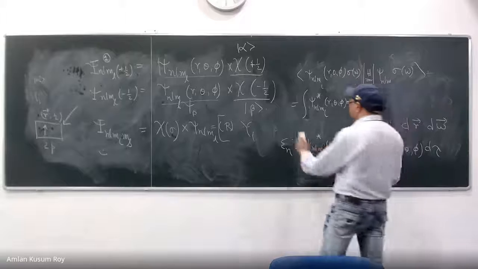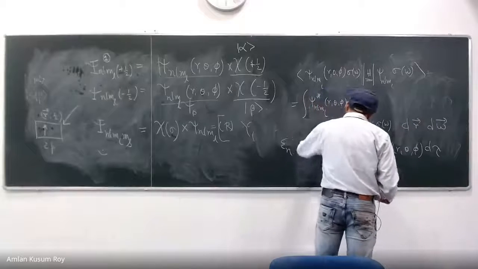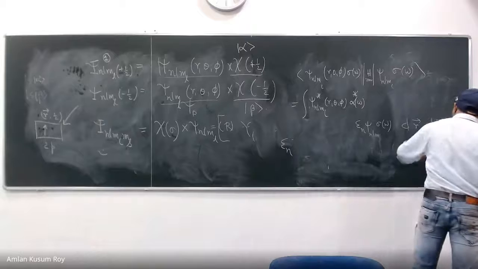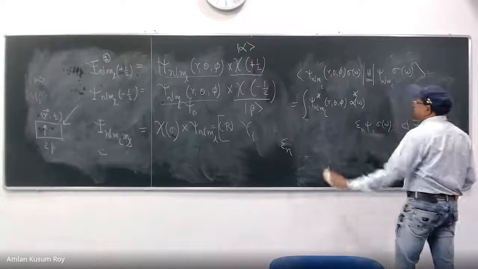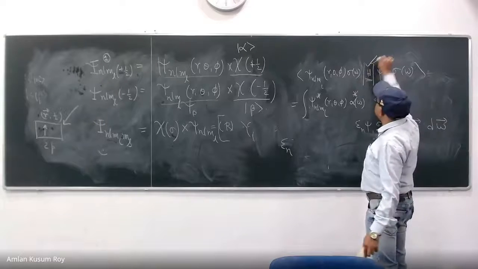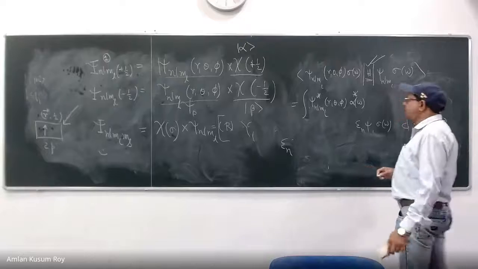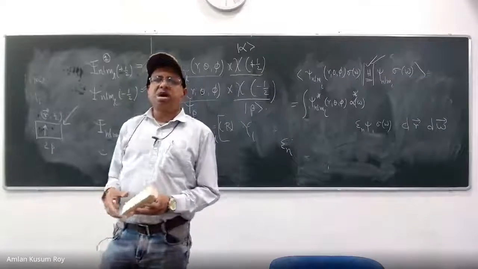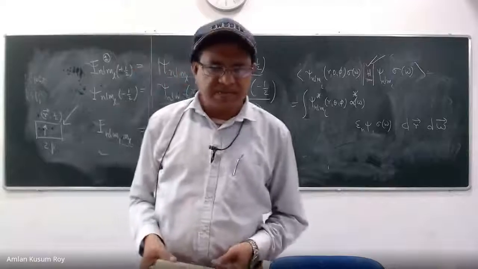So at the end of the day, you see why the energy remains unchanged once you introduce spin into the wave function: because the Hamiltonian did not have spin. That's why it happens. So the spin doesn't impact the energies as such.